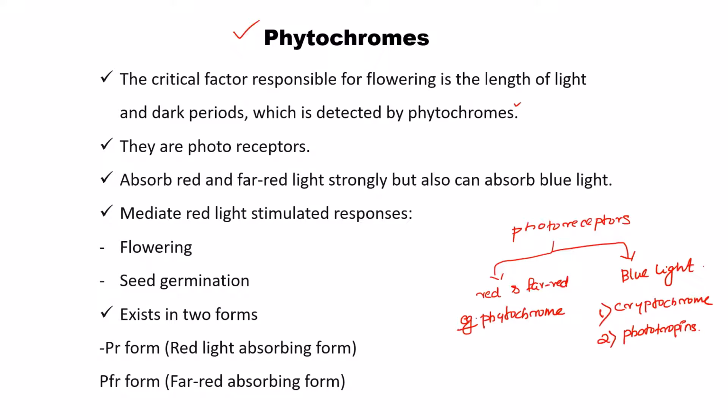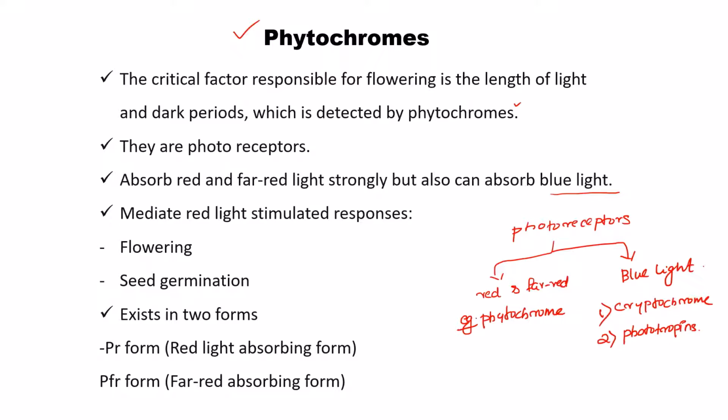They are photoreceptors that absorb red and far red light strongly, but can also absorb a small amount of blue light. Mainly phytochromes absorb red and far red light, that will mediate red light stimulated responses like flowering and seed germination.